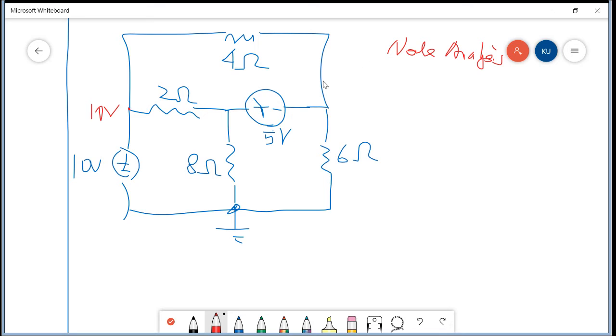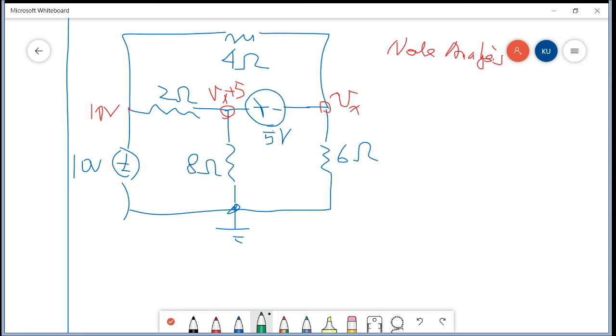Okay, so for the next, there are still two nodes. One is here, one is here, or you can take that one. So it looks like there are two nodes, but actually between these two nodes there is an ideal voltage source, which means that as long as this one is Vx, then this one must be Vx plus 5.